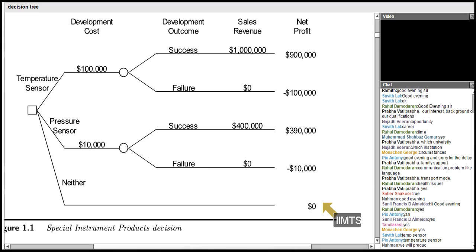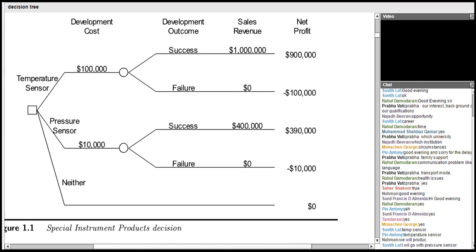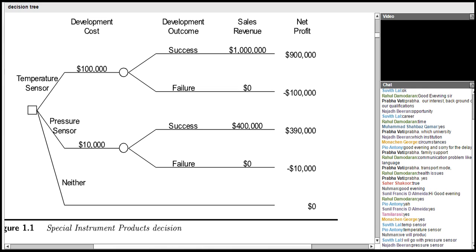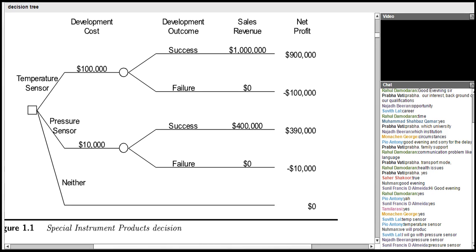Okay, Norman says we will produce. Pio says temperature sensor, and I think Civic also says temperature sensor. We're having mixed comments coming in. Civic says pressure sensor.